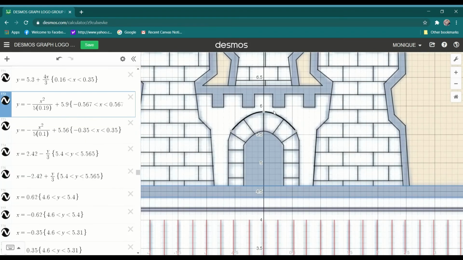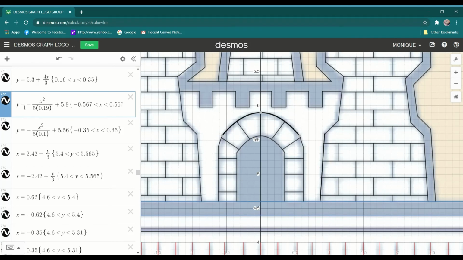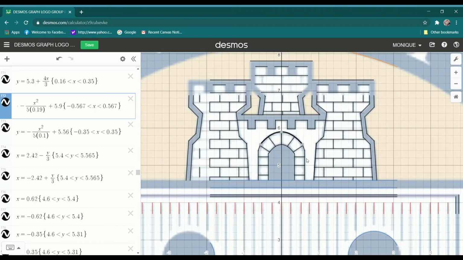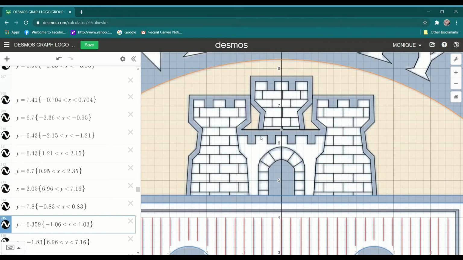This is its equation: y equals negative x squared over 5 times 0.19 plus 5.9. And the bracket where it should stop is x is greater than negative 0.567 but less than positive 0.567. So that's it. It's just easy.